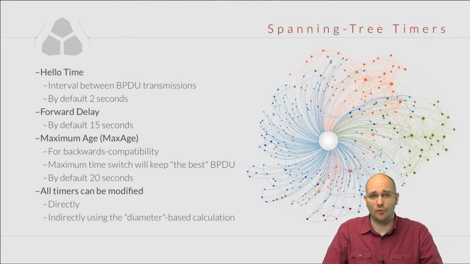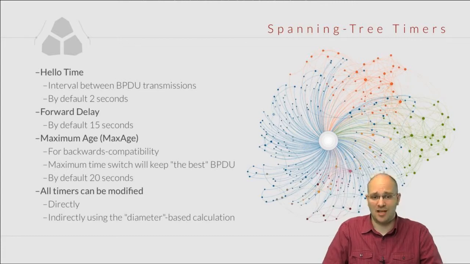We also have the forward delay, which is the time the port will spend in the transient states, and we will see what the transient states are in rapid spanning tree. They are somewhat different than in the traditional spanning tree. By default, the forward delay is 15 seconds. There is also the max age timer, which is mostly used for backwards compatibility with the traditional spanning tree. It is, by default, 20 seconds.